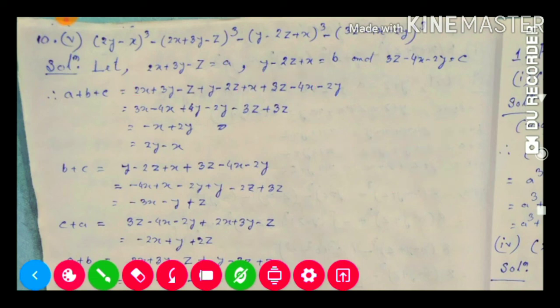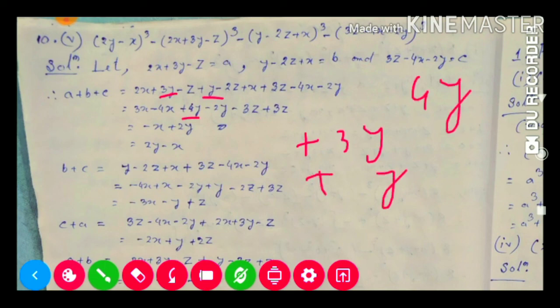Similarly, you will see the y terms: here it is minus 3y, plus 3y, then another plus y, so it will be plus 4y, and minus 2y, so minus 2y, then minus 3z plus 3z, so these two will be cancelled. So minus x, and here it will be plus 2y, so we write plus 2y first and then minus x.